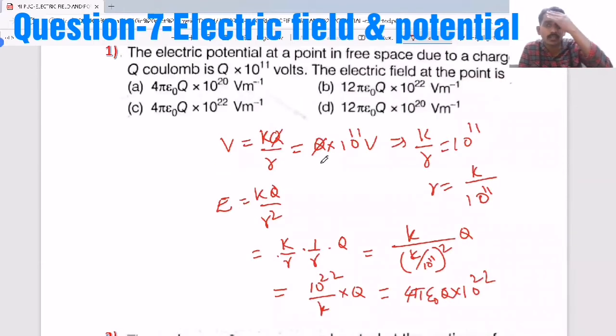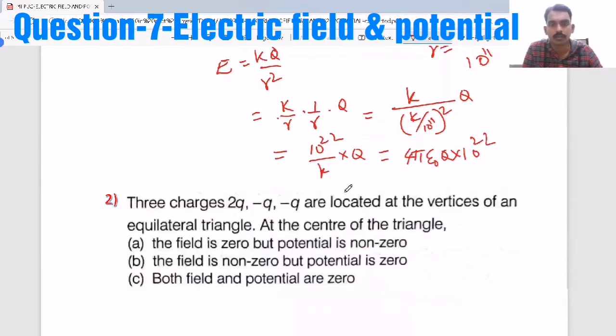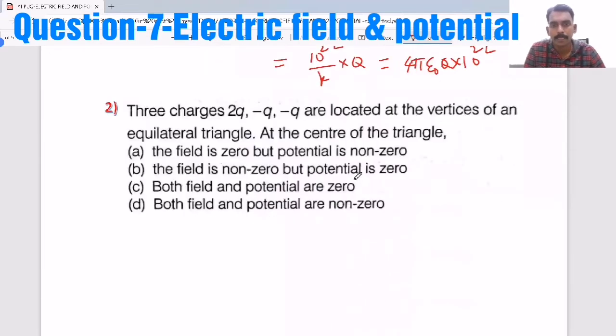So this way you can solve the simple questions based on the relation between field and potential due to a point charge. Now sometimes they'll give a system of point charges and they can ask the question based on field and potential due to that system of point charges.